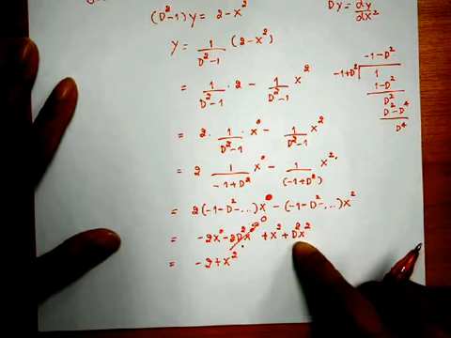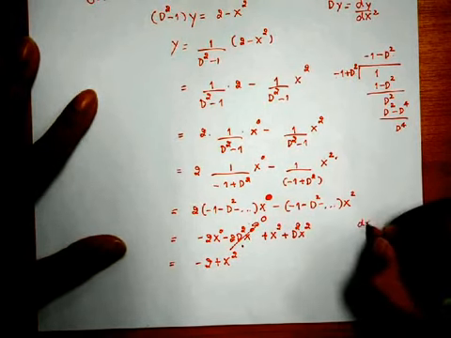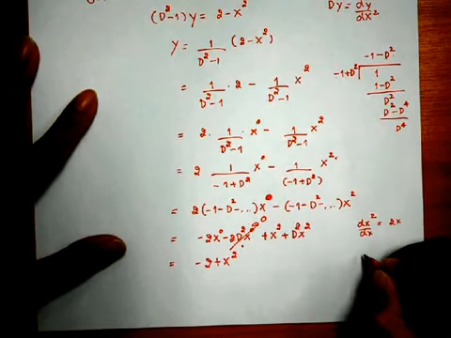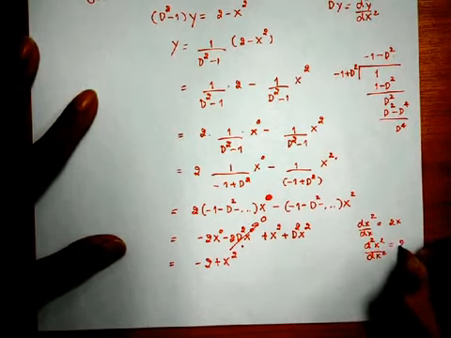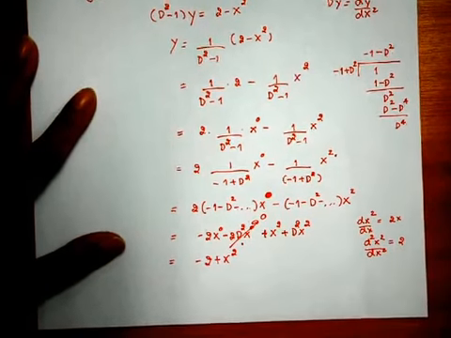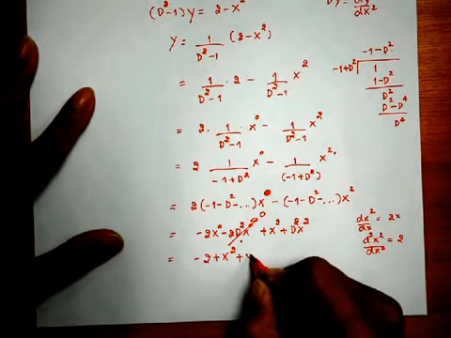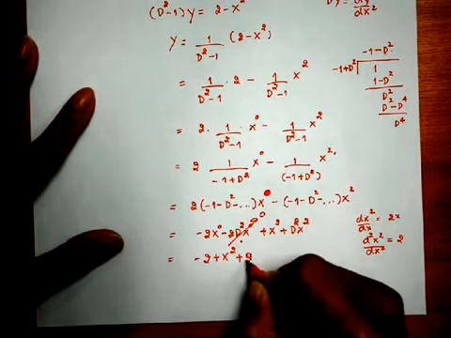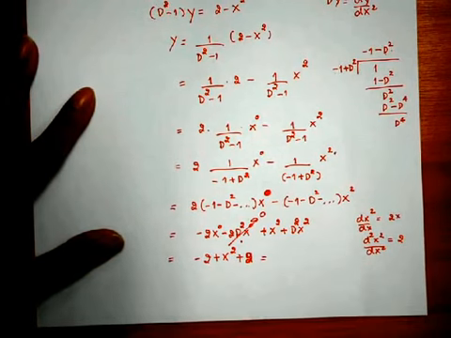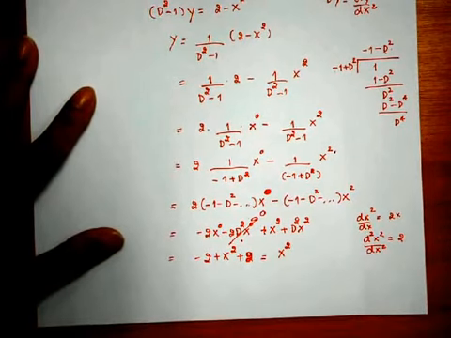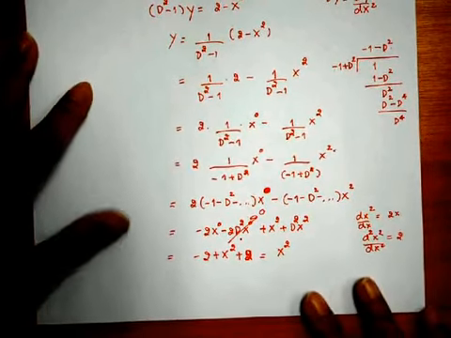Because dx squared by dx is equal to 2x, and d squared of x squared by dx squared is equal to 2. So this term is equal to 2, which gives x squared. So yp of this differential equation is equal to x squared.